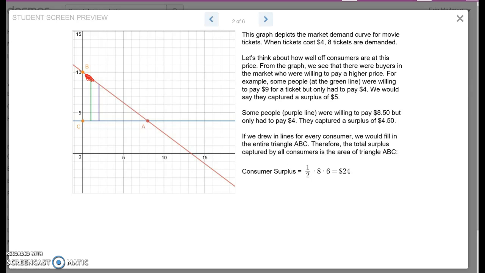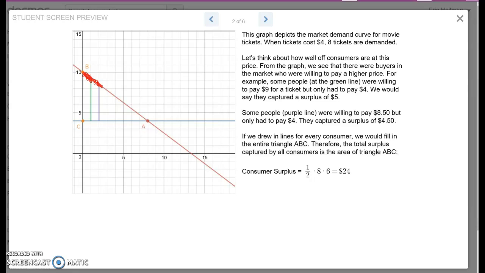So you can think about a market demand curve as showing how much people value or would be willing to pay for the good that they're looking for. There are people up here who are willing to pay almost $10, $9 for a movie ticket. Here are some people up in here, they're willing to pay $8. The market price for movie tickets in this example is only $4.